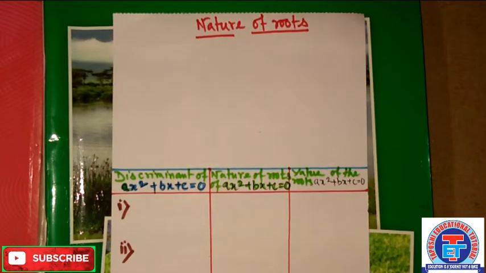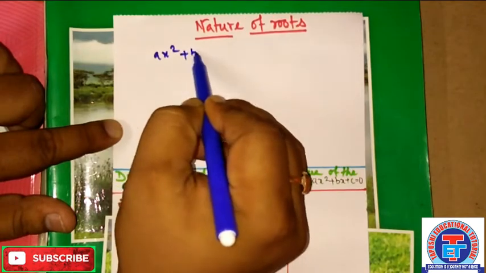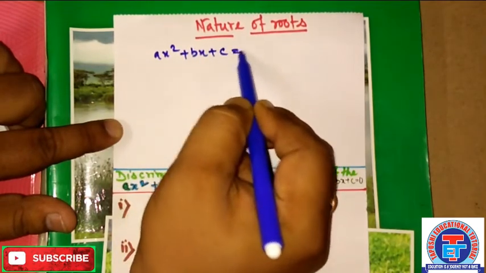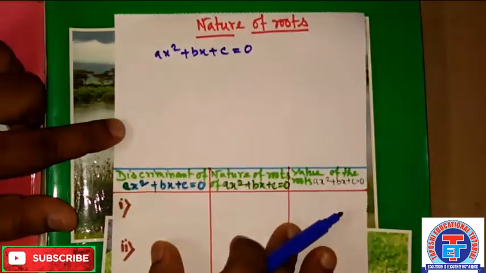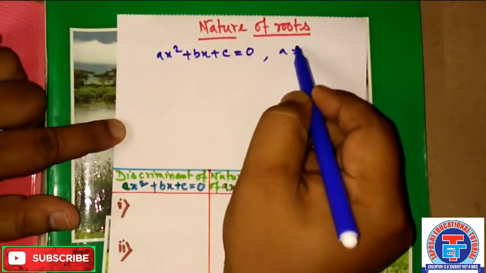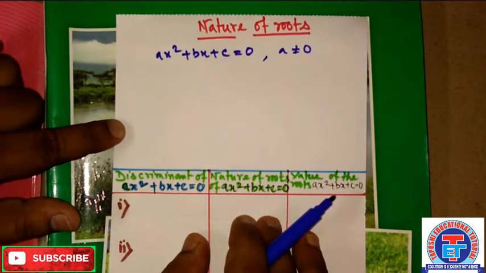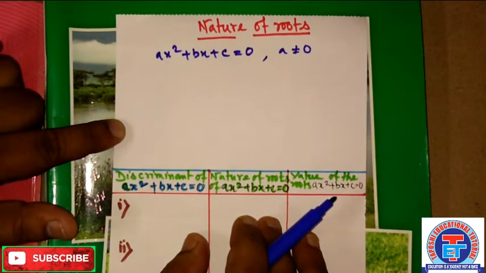Now my dear student, here we understand the nature of roots. In a quadratic equation ax square plus bx plus c is equal to 0, a is not equal to 0, and the coefficients a, b and c are real.